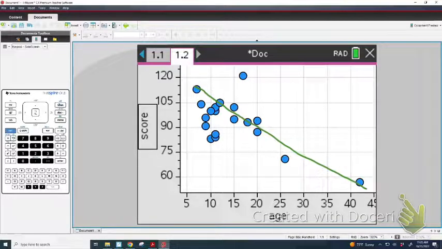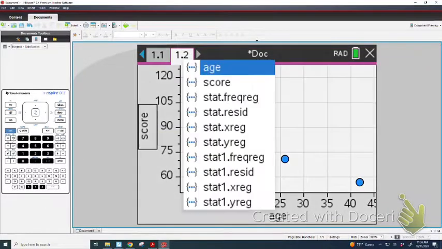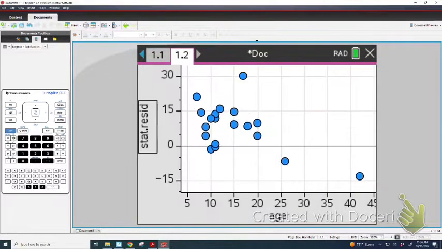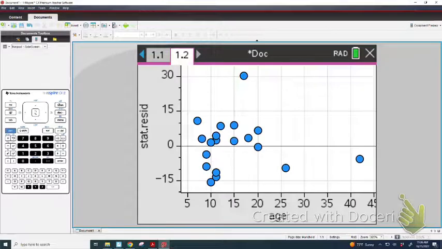So if I take that line and I make it perfectly horizontal, so I literally grab it, turn it sideways, make it flat, and each of these distances here, these are all residuals. And that's what we see when I click residuals for the y-axis. It turns it sideways, and we have a residual plot.